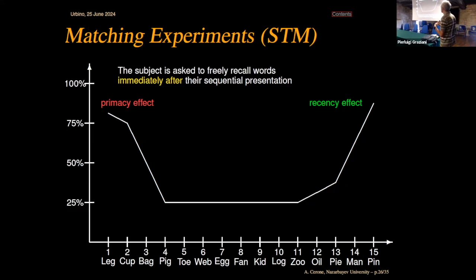So there can be a kind of effect in this experiment. But this is evidence that there is a kind of rehearsal that allows you to remember for a longer time. And on the other hand, there is a decay of the information.